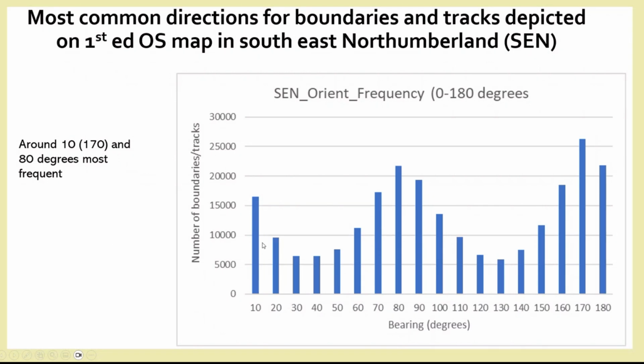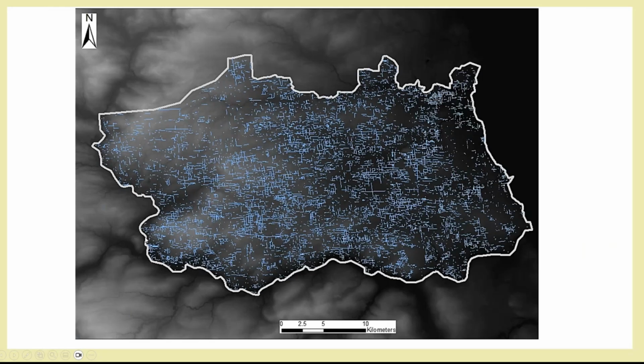And that's borne out a little bit in the previous image that I showed you of Cramlington Township, but that's taking the whole data set, the 200,000 data points, and running this analysis on them. That's what it looks like on a map. So you can see across the entire study area there are large amounts of that orientation.